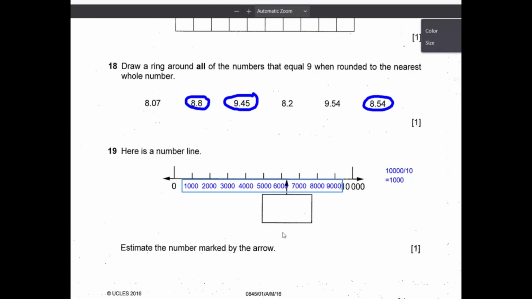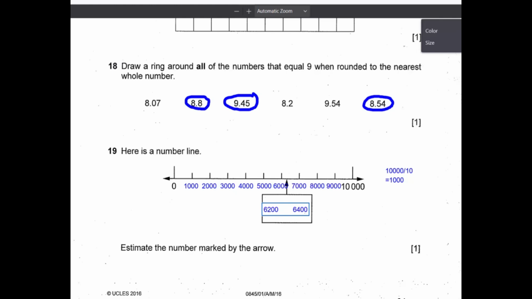Then this one is between 6,000 and 7,000, but it is closer to 6,000 than 7,000. So you could write any number between 6,200 and 6,400. Any number between those two numbers, we can accept, because it's still not 6,500 yet.